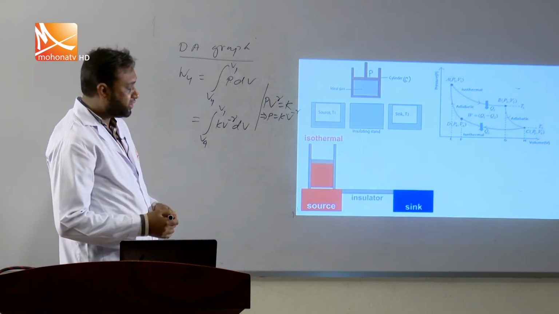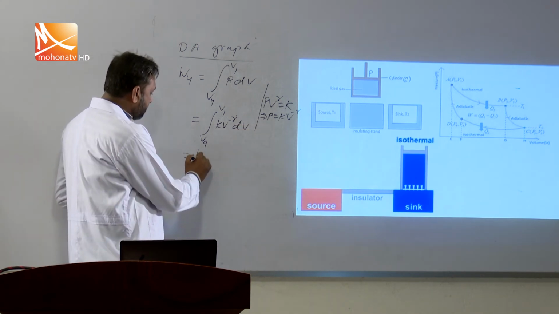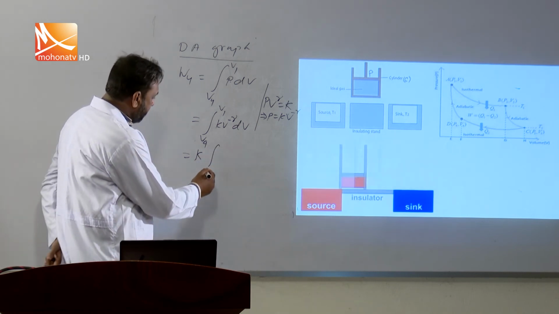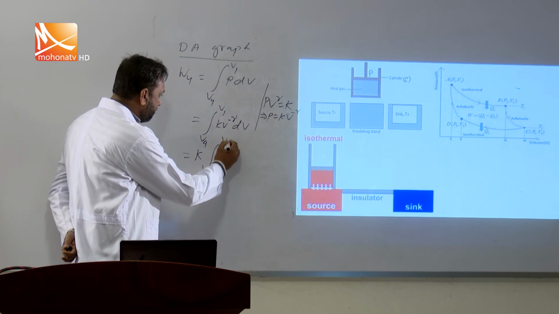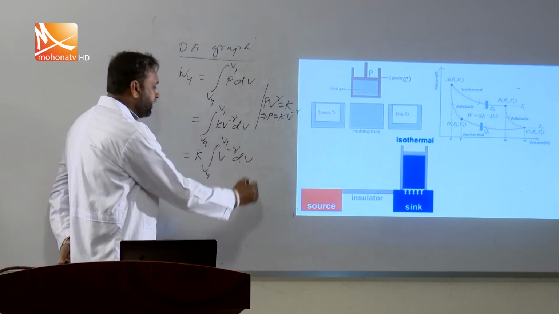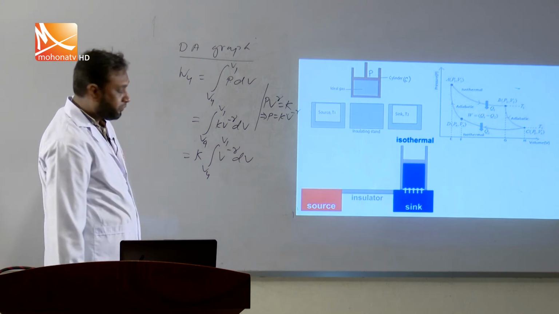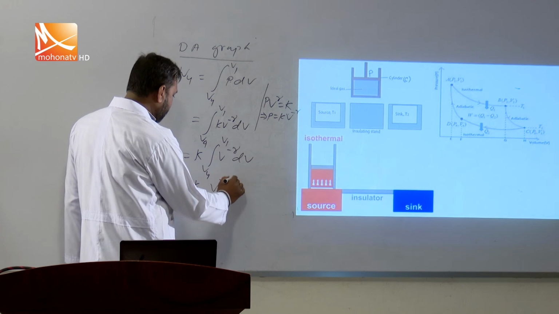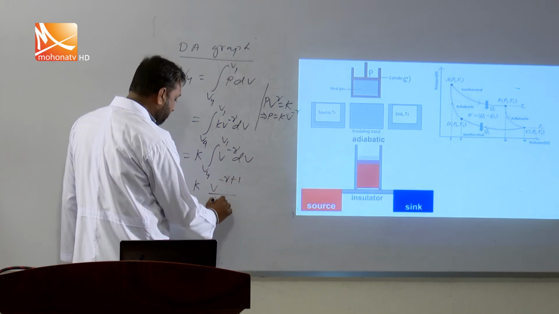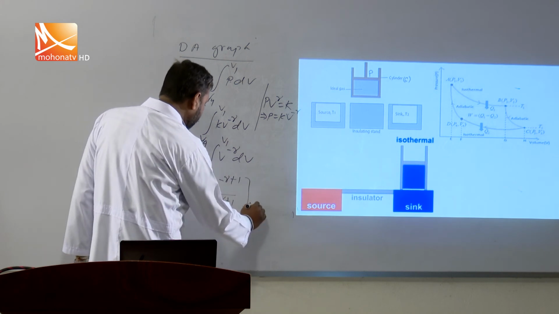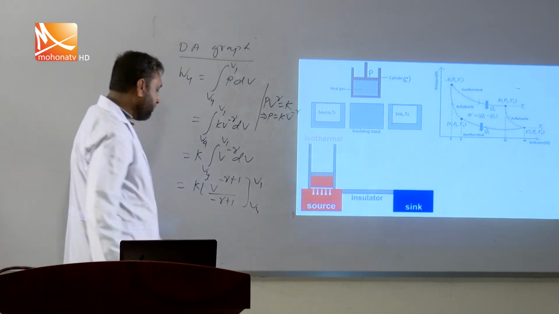Here K is a constant, so we can write the constant outside of the integration, V4 to V1, V to the power minus gamma into dV, equals K V to the power minus gamma plus 1 divided by minus gamma plus 1, from V4 to V1.